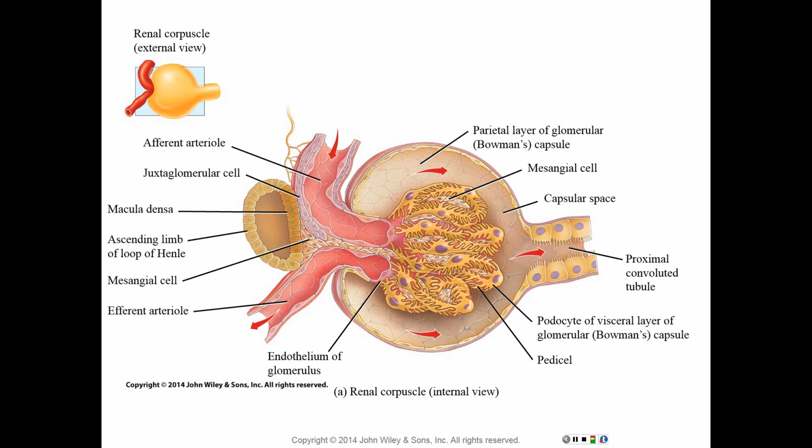Remember these cells within the endothelium here, the juxtaglomerular cells, and here's the endothelium lining the blood vessel. Remember, the endothelium produces the nitric oxide. So the juxtaglomerular cells inhibit the release of nitric oxide. Remember, nitric oxide is a vasodilator. So normally with normal levels of nitric oxide, this vessel dilates and more blood can come in.